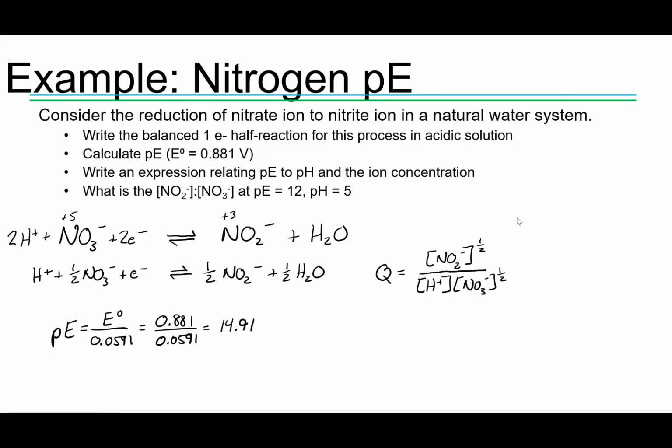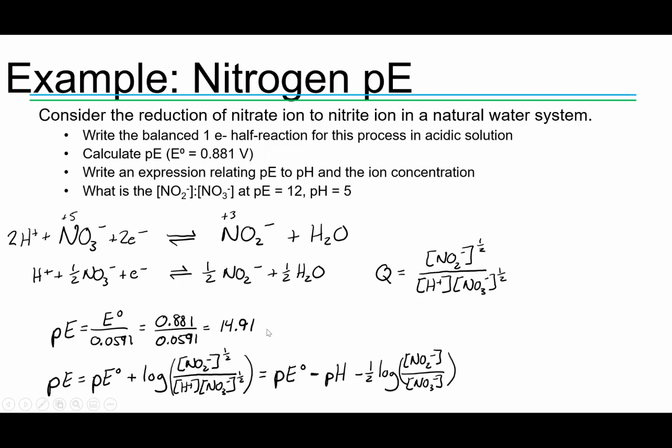Combining this with what we know about the Nernst equation, we take the reaction quotient Q, we take the pE0 value, and we fold that into the overall Nernst equation, which now says that the pE for the solution is equal to the pE0 plus the log of the reaction quotient Q, and we can simplify this to the pE0 minus the pH of solution minus 1/2 times the log of nitrite divided by nitrate concentration.